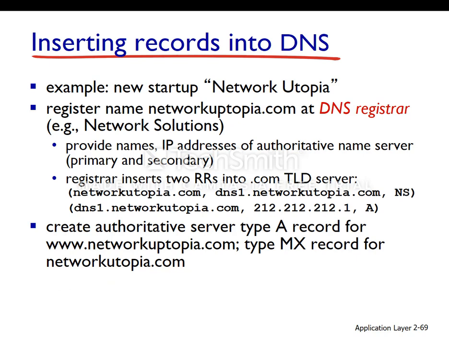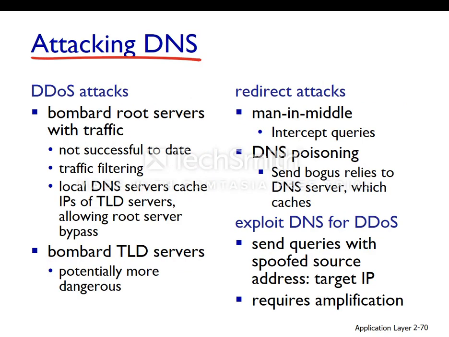Now, remember in our lecture on Chapter 1, we mentioned that there are security considerations at all levels of the protocol stack. Well, let's take a few minutes to talk about attacking DNS. So people have tried to attack DNS, and the main way they have attacked DNS is using distributed denial of service attacks.